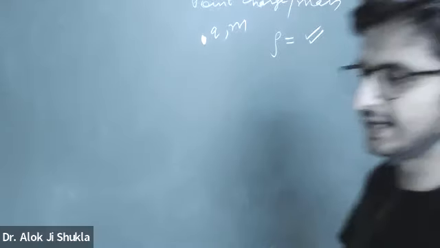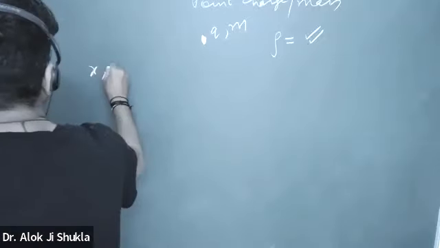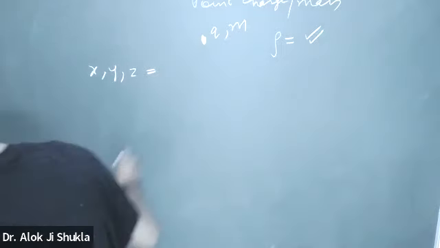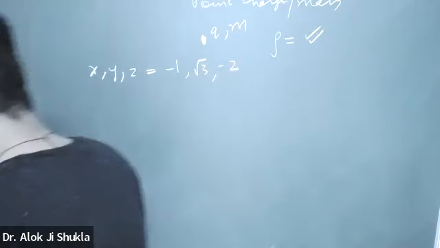So please write, suppose there is a unit charge or unit mass at the point x, y, z equal to minus 1, root 3 and minus 2. This is the point.